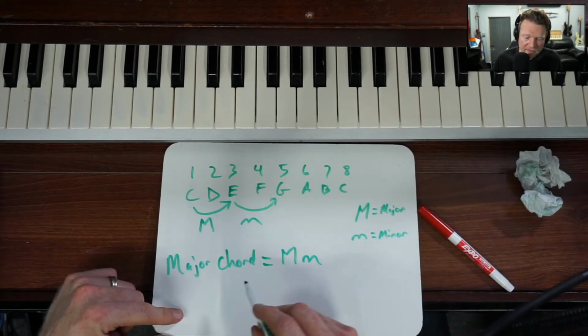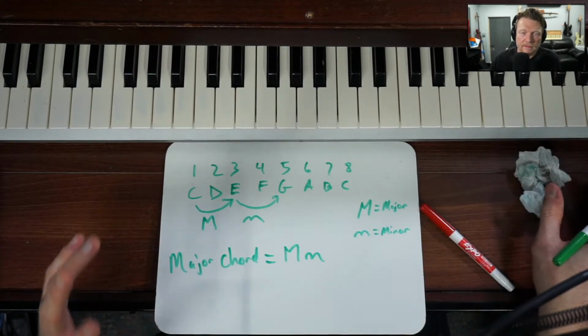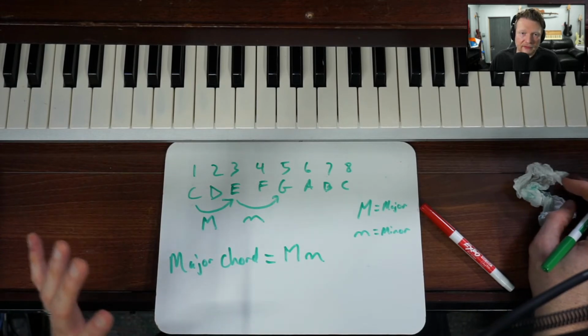So if you can figure out major thirds and minor thirds, immediately you've got this. Honestly, as far as chord theory is concerned, that is so good. You don't even have to memorize.